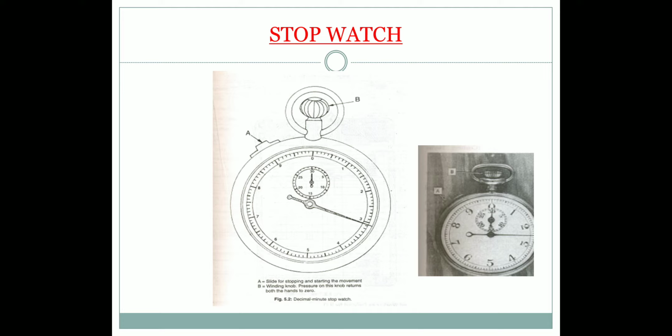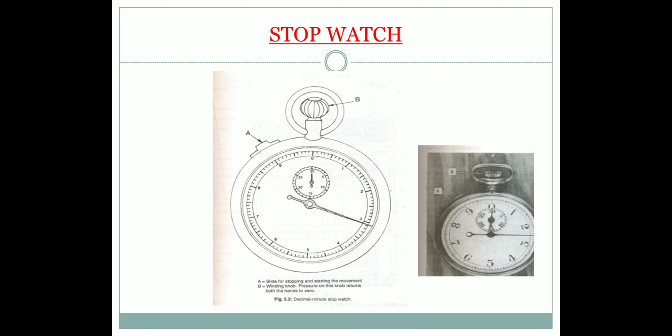In the figure, A represents the slide for stopping and starting the movement, and B returns both hands to 0. Returning both hands to 0 means resetting the stopwatch.